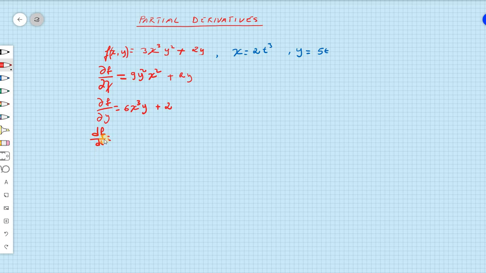Well, when they ask you to find this, you have to use the chain rule sort of formula, but I basically memorize that in my head.